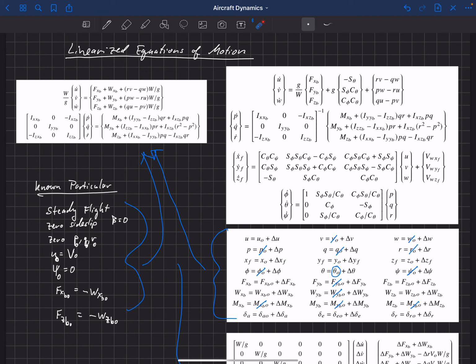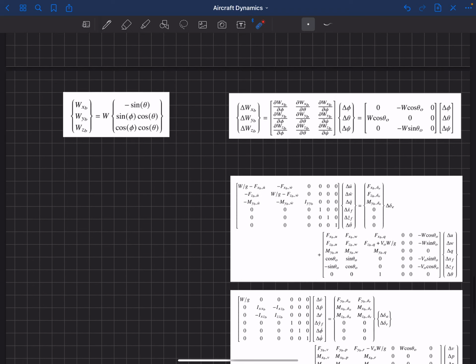It turns out that once we linearize these and drop the small disturbances, or the higher order disturbances, and keep only the linear terms, we can decouple these into two sets of 6 equations instead of one set of 12.